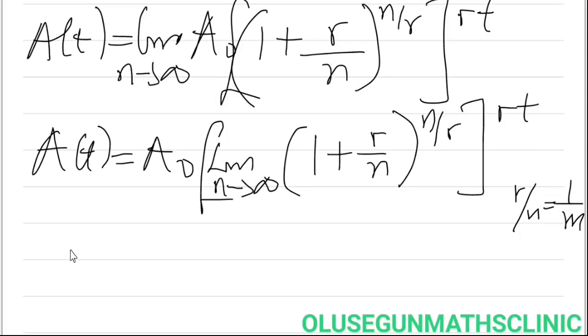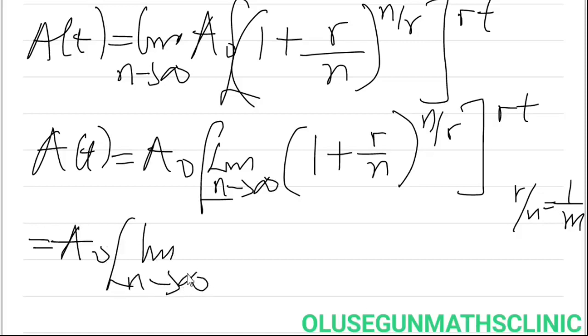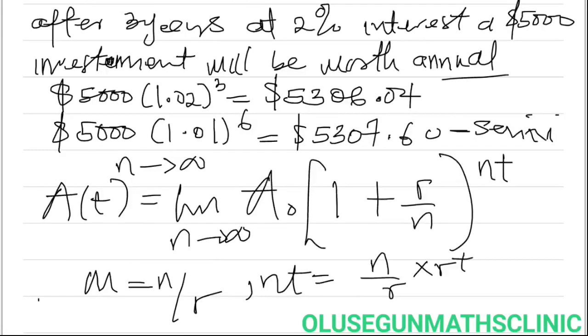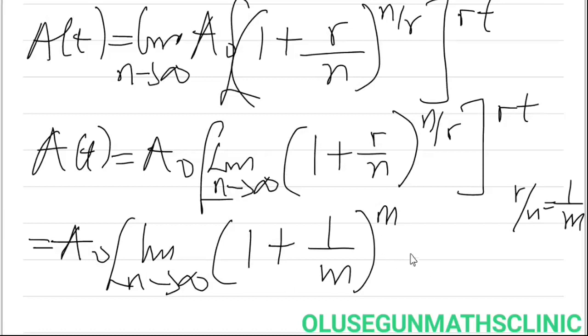So therefore we have A naught, limit as m tends to infinity, of (1 plus 1 over m) all raised to power RT, because n over R is m.